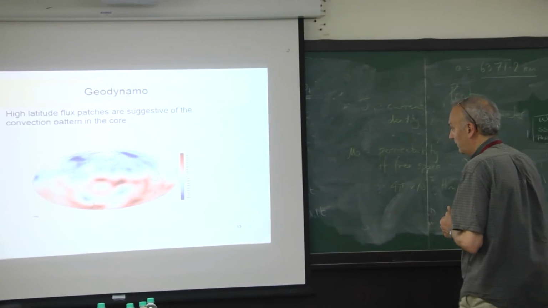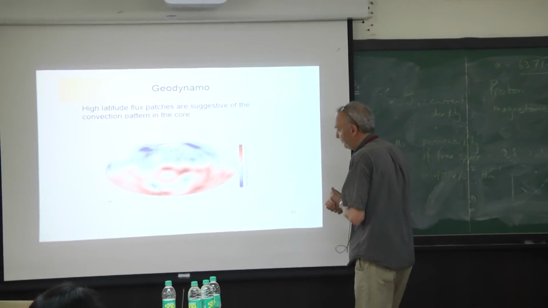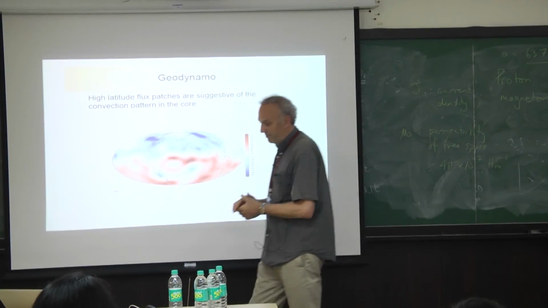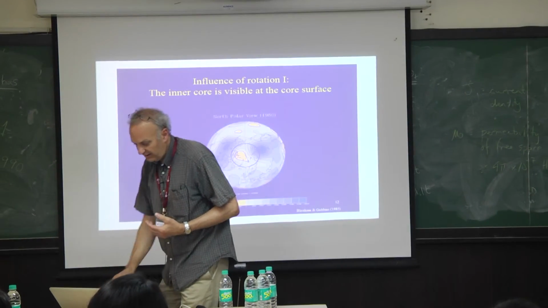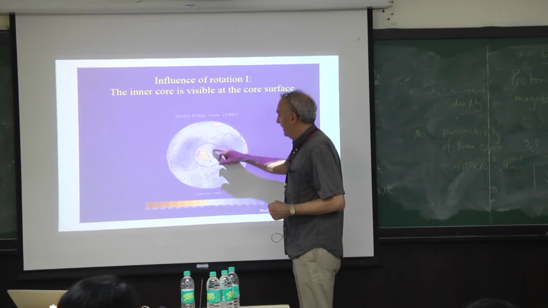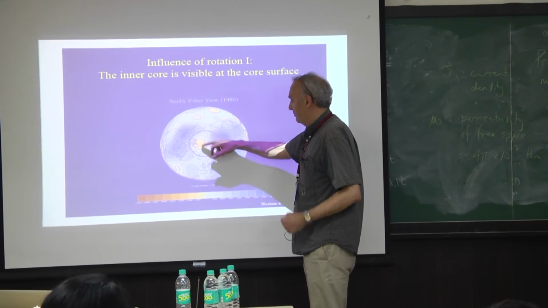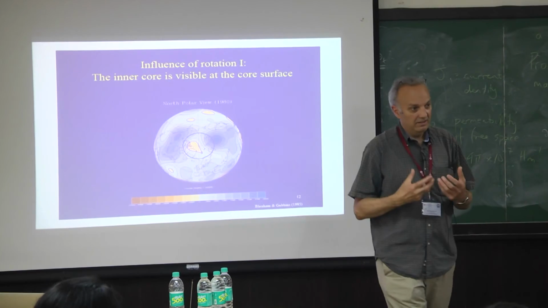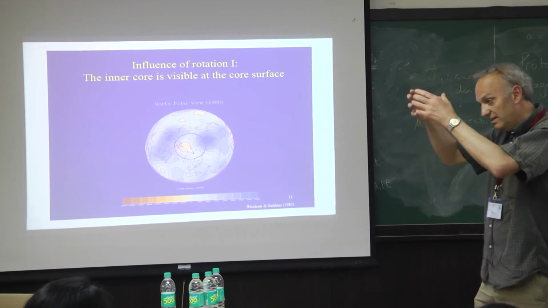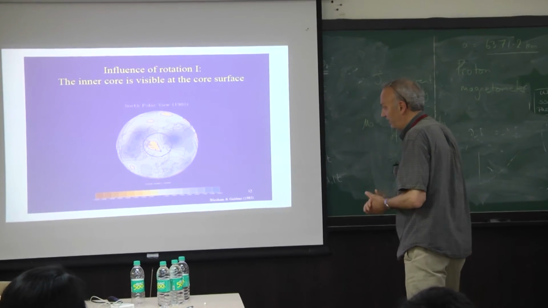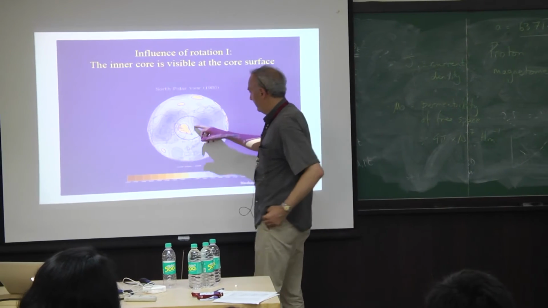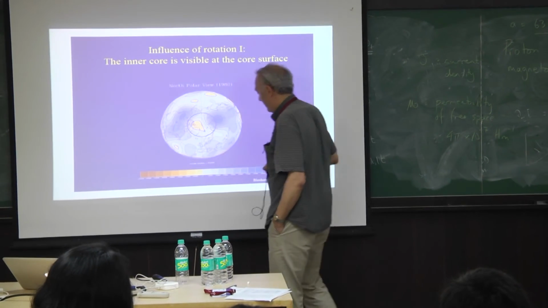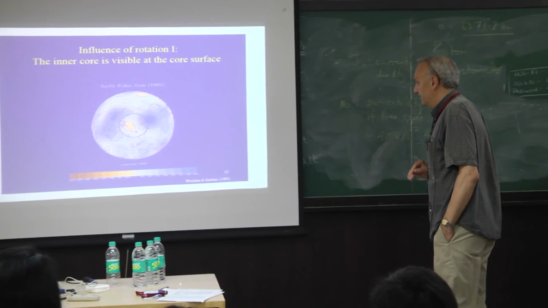That's what we believe. And the fact that the field is weak inside the tangent cylinder maybe says something about the dynamo action taking place just above the inner core. I think you'll agree it's intriguing that you have that low field there.